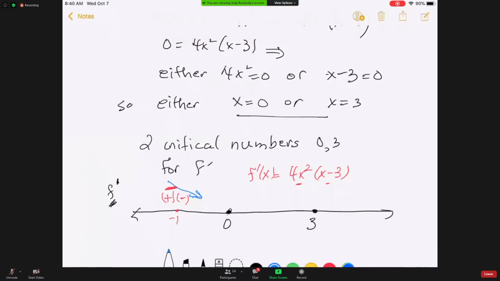Okay, between 0 and 3, let's see. A number in there is 1. Check it there. If I put 1 in, I get, okay, 4, positive. 1 minus 3 is minus 2.